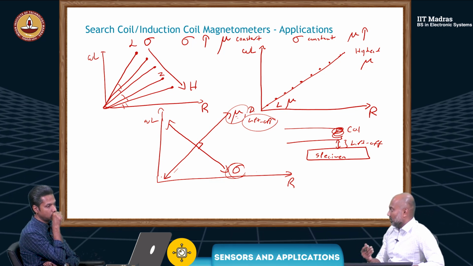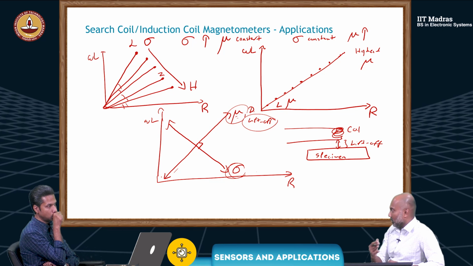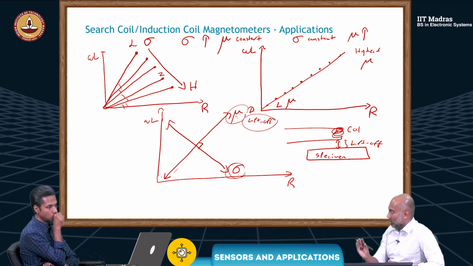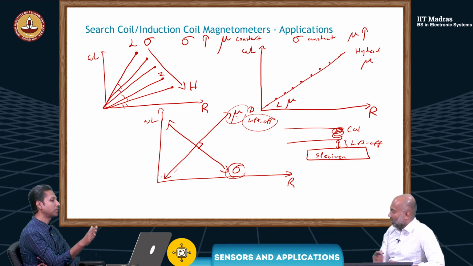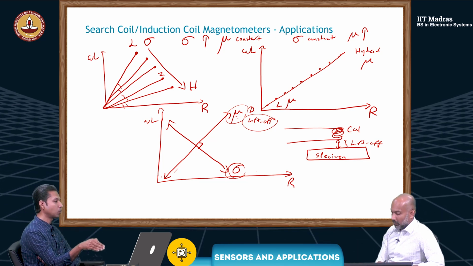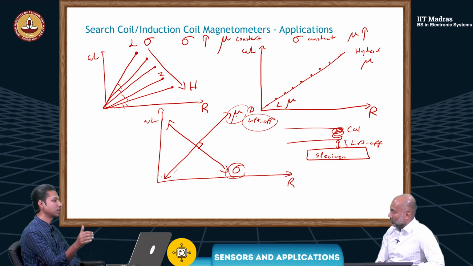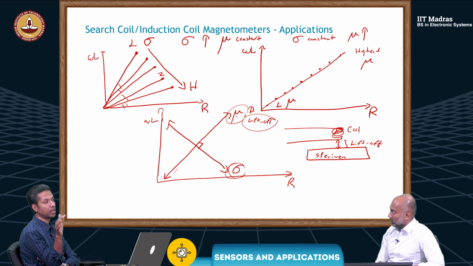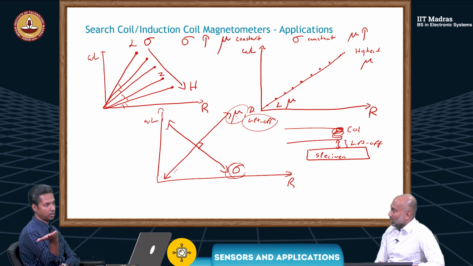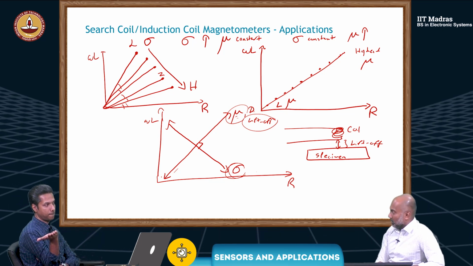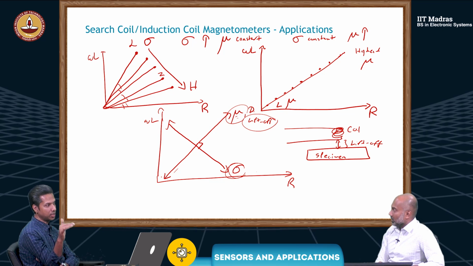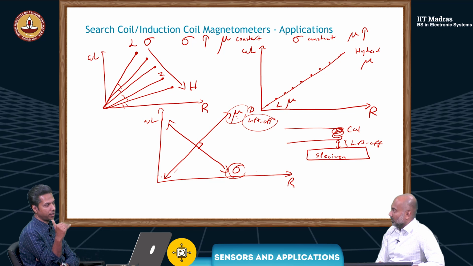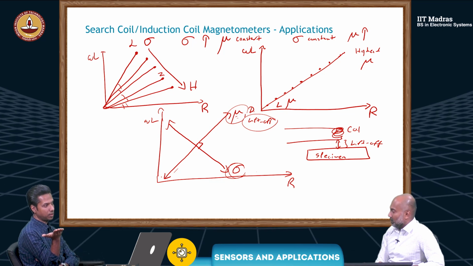Because what you see, let's say from the oscilloscope, is that phase change. If it's shifted, you can bring it back. So if the impedance is decreasing, it shows an indication of increased conductivity. If it's the other way, it's an indication of higher permeability.